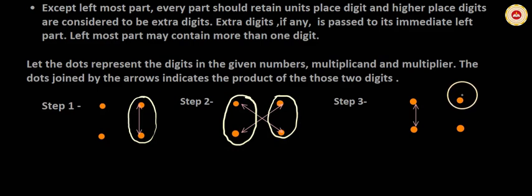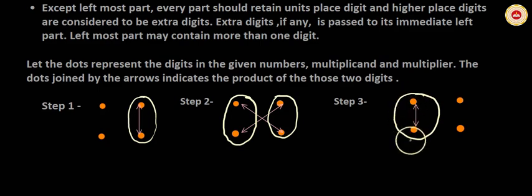Now exclude this column and consider this column, the leftmost column, and multiply these two digits, both digits which are at tens place in multiplicand and multiplier.